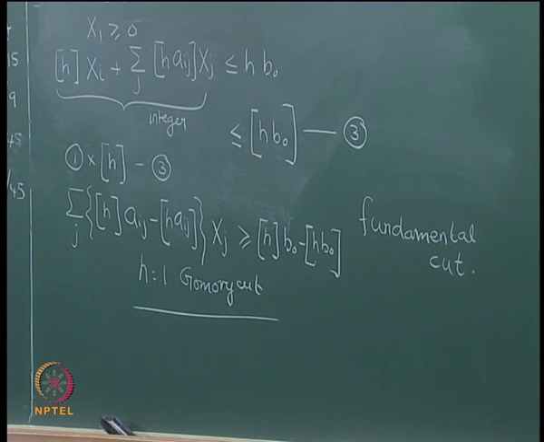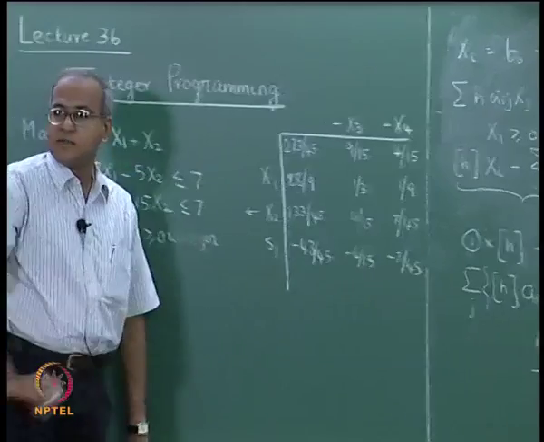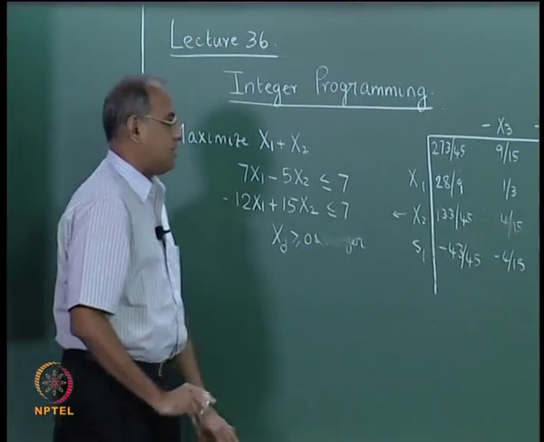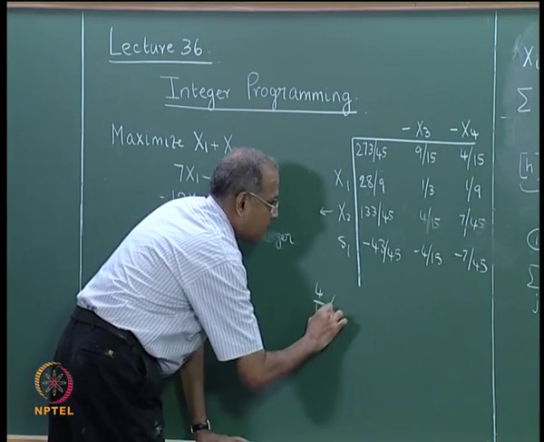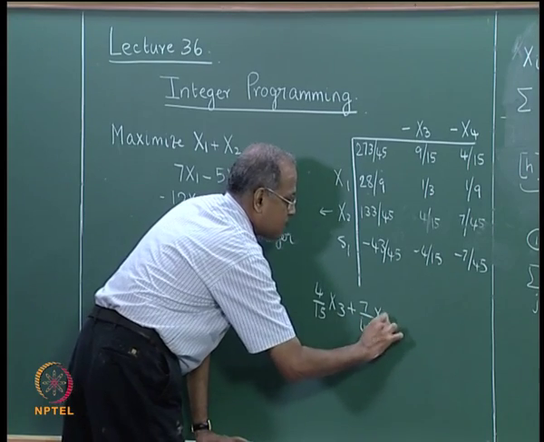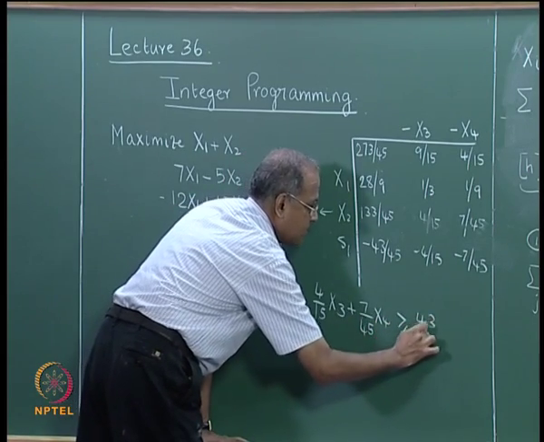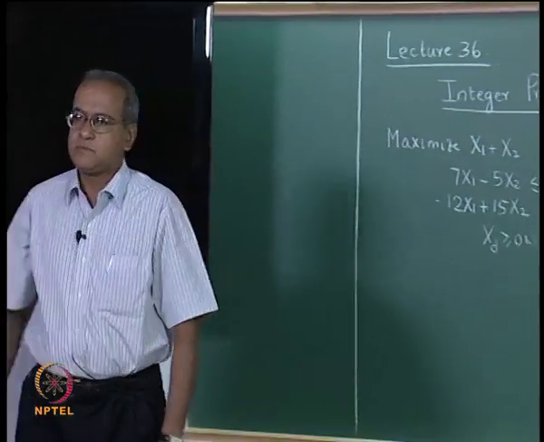Now how do we check that? The Gomory cut that we wrote from here was actually 4 by 15 x3 plus 7 by 45 x4 is greater than or equal to 43 by 45.